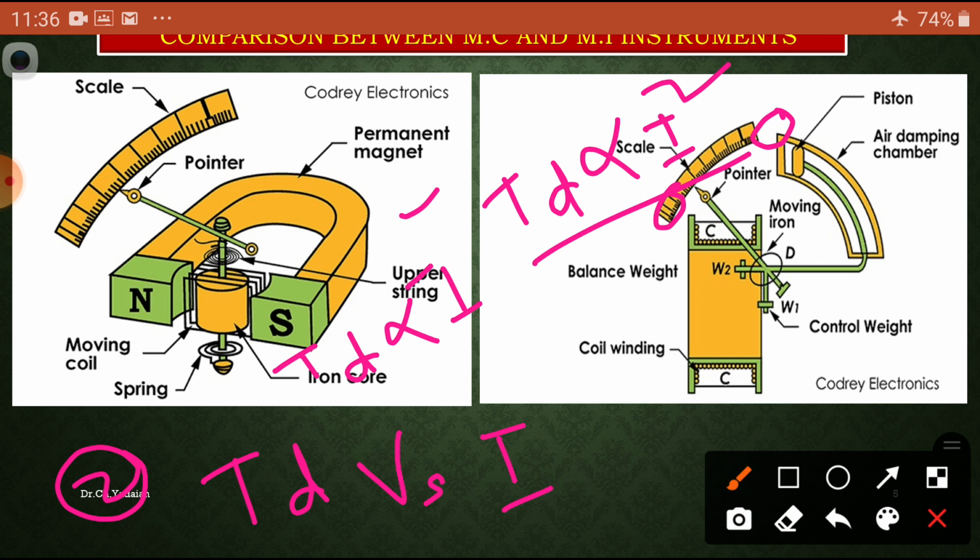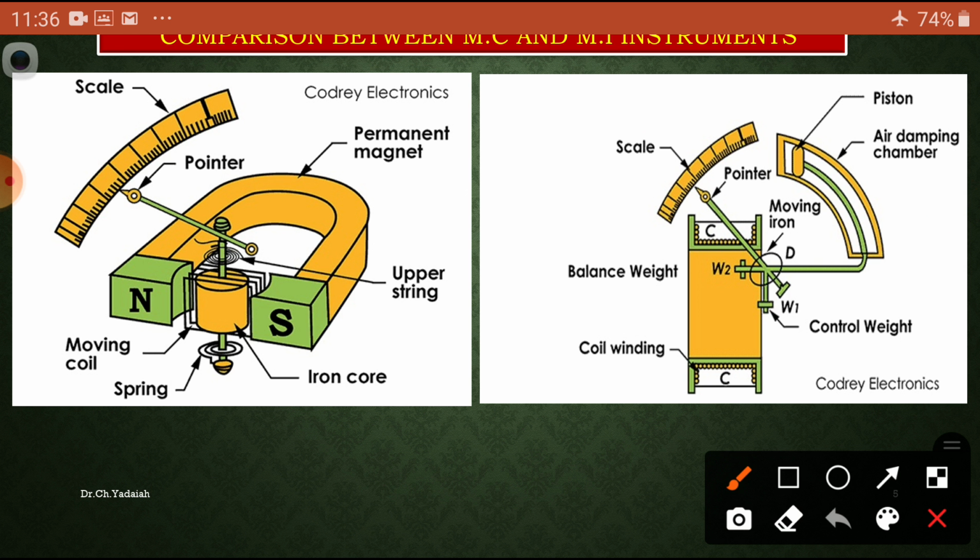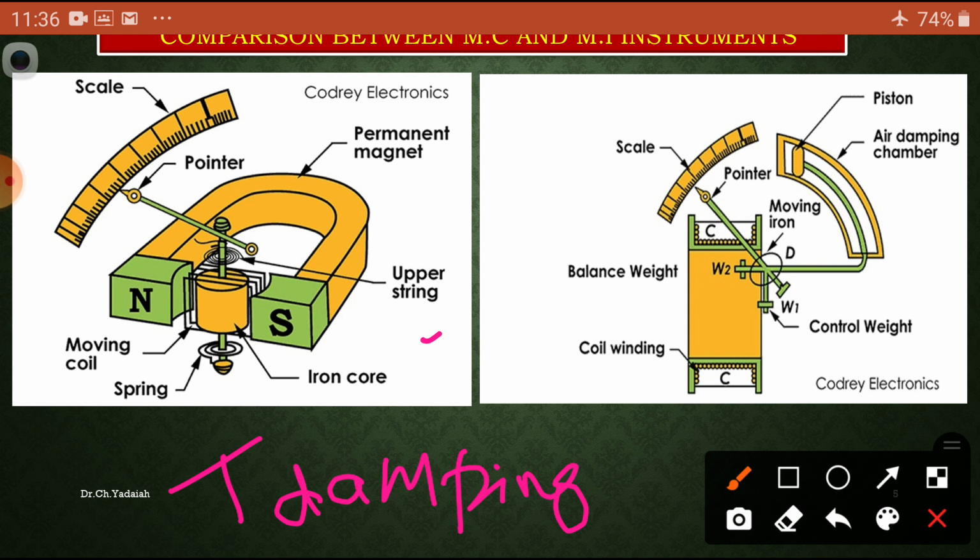Now coming to the third one, the damping torque, T-damping. What damping torque is produced in moving coil instruments and moving iron instruments? In moving coil instruments, the damping is generally produced by eddy current damping.